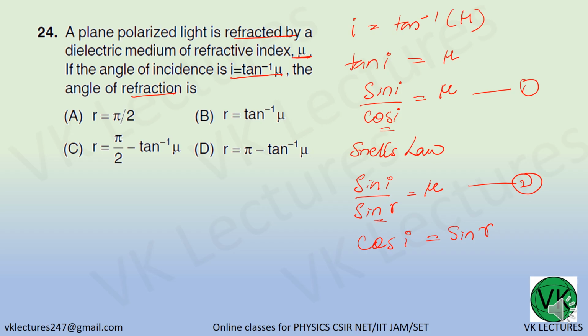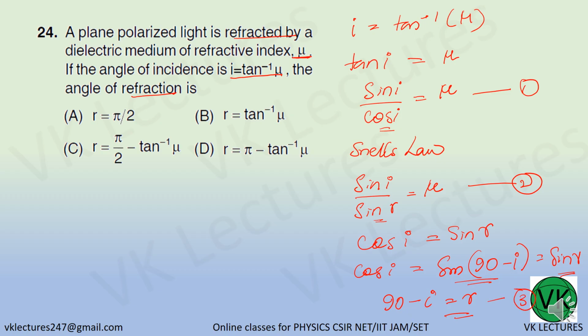Then we can write cos I is equal to sin of 90 minus I, equal to sin R. Cos I is nothing but sin of 90 minus I, which is equal to sin R. So 90 minus I is equal to R. Okay, this is what we want, the angle of refraction.